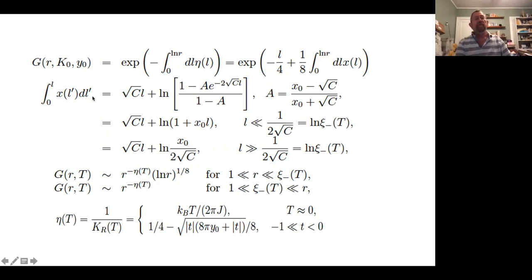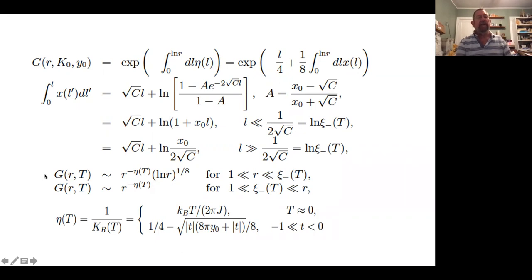And so this integral, you can do the integral, and it's just equal to root Cl plus some correction.